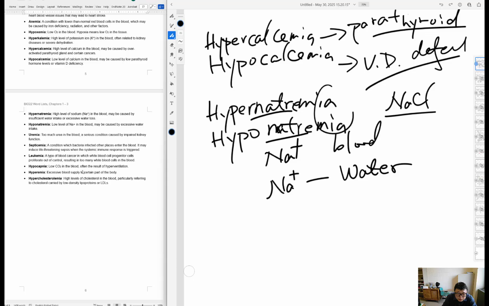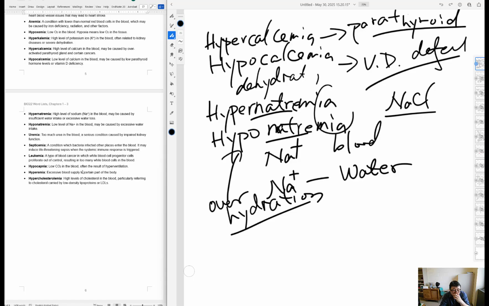So in most cases, how much water means how much sodium. Hypernatremia, high sodium in the blood, is caused by dehydration, and hyponatremia is caused by overhydration.